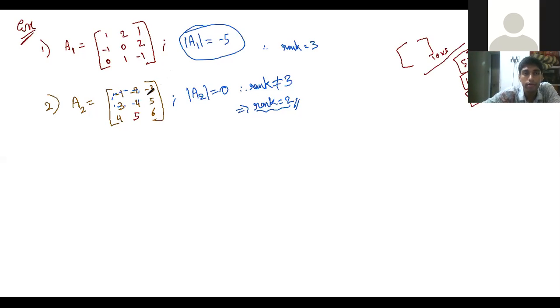So anyway, you have to find determinants. You find the determinant of this simple one. If it is not that, then you go to 2 by 2, which will not take much time to find. 2 by 2 you can solve quickly. That way it is fine. Okay, this is okay?